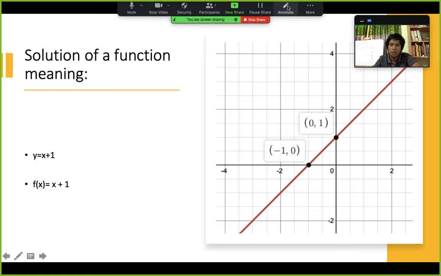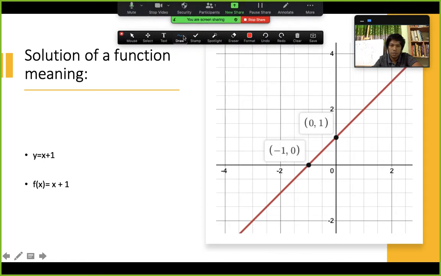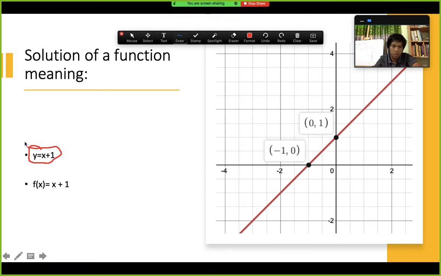Let's say from this given equation, if we say minus 1 comma 0, is this point a solution of this equation? Then let's say if I say 1 comma 0 or 0 comma 1, is this a solution of this equation or not? How will we understand?